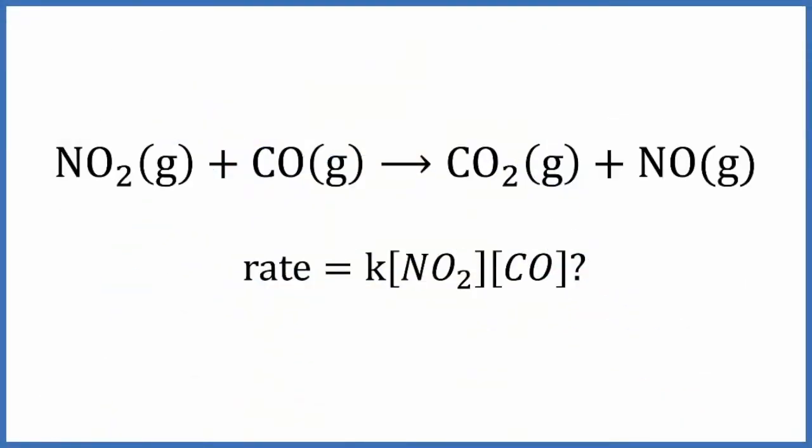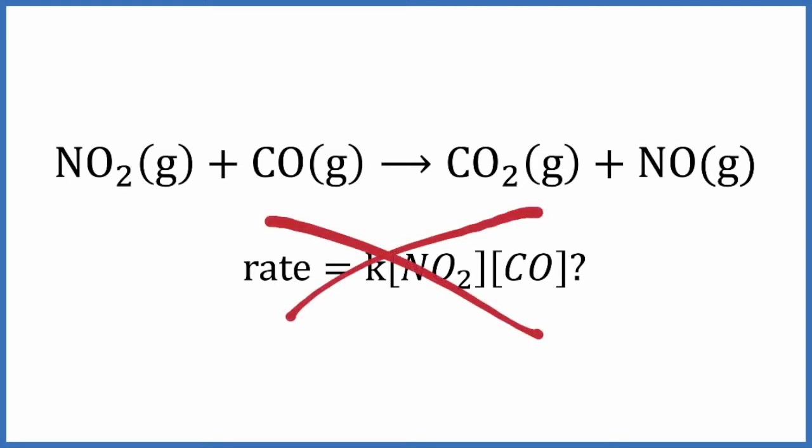Let's consider the following equation. Nitrogen dioxide plus carbon monoxide yields carbon dioxide plus nitrogen monoxide. If this were an elementary reaction, we'd predict a rate law of this: rate equals k times the concentration of nitrogen dioxide times the concentration of carbon monoxide.